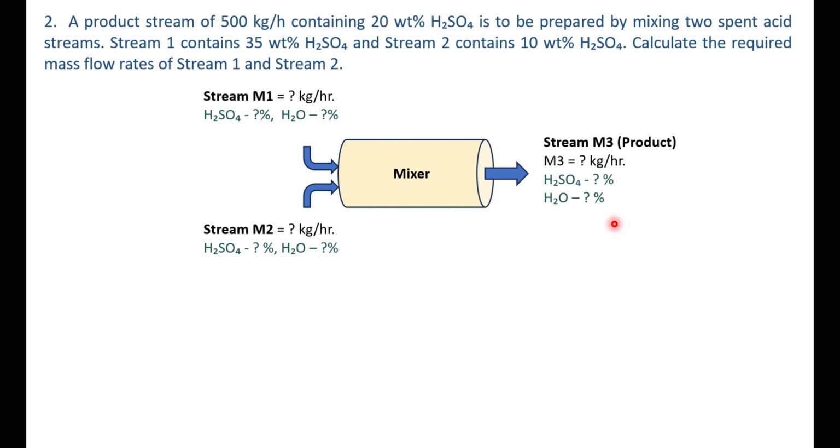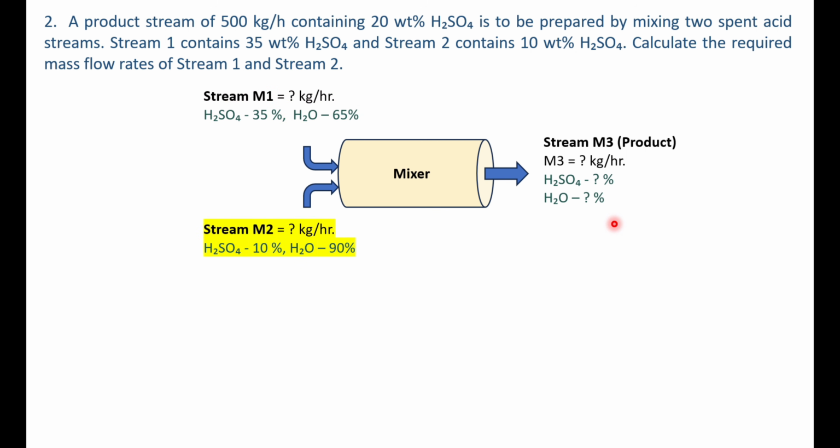So again, let me draw the schematic here. Two stream inputs are there and one output is there. So one by one we'll fill it up. Starting with stream 1. Stream 1 contains 35 weight percentage sulfuric acid. So the remaining 65% must be water. Though we don't know M1, I am retaining M1 as it is.